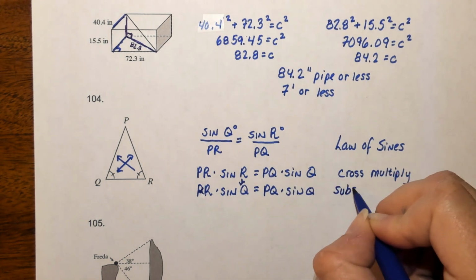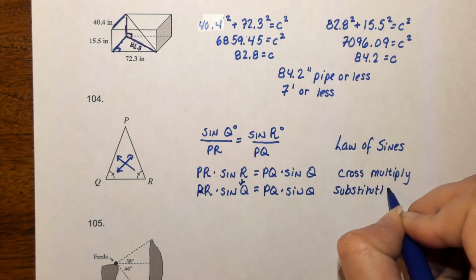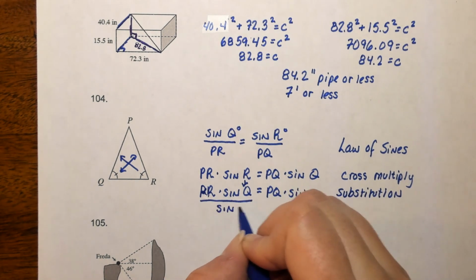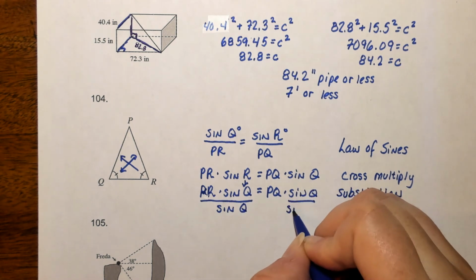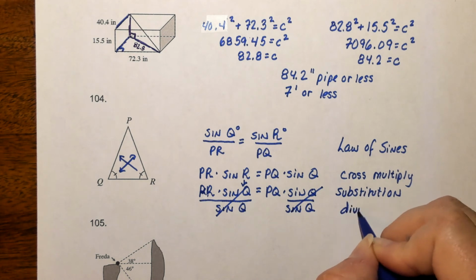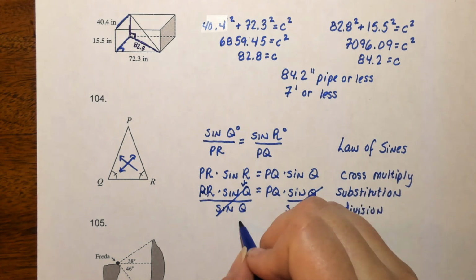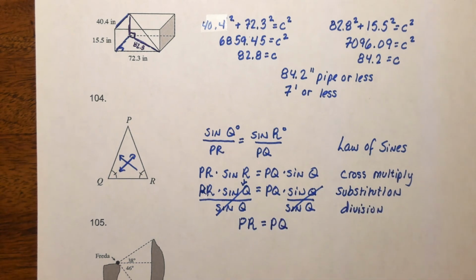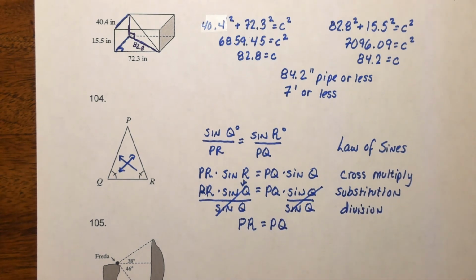That's called substitution. And now I'm going to use a division property. And voila, I have PR is equal to PQ. You guys are like, I probably would not have come up with that on my own. And I realize that. That is definitely challenging.